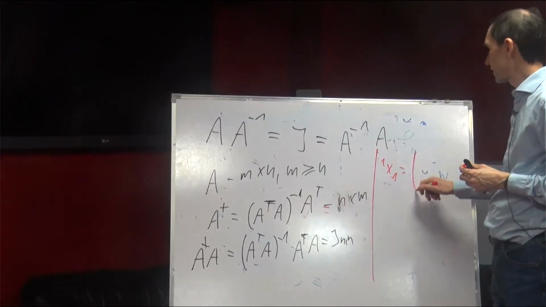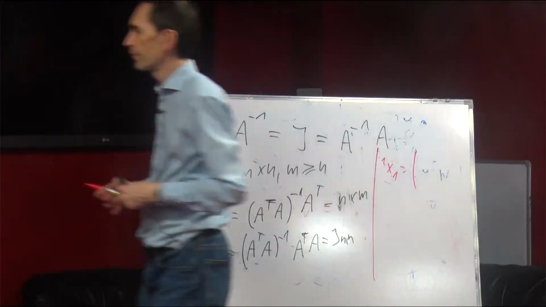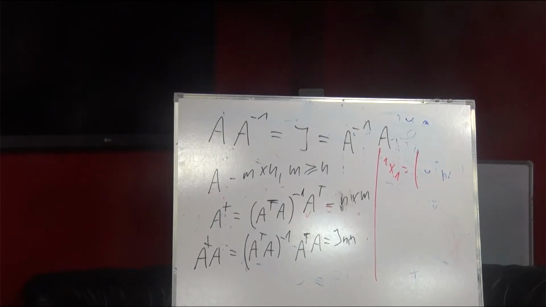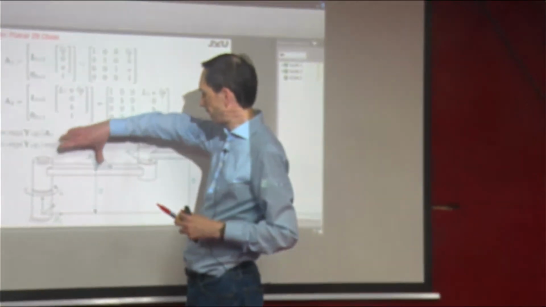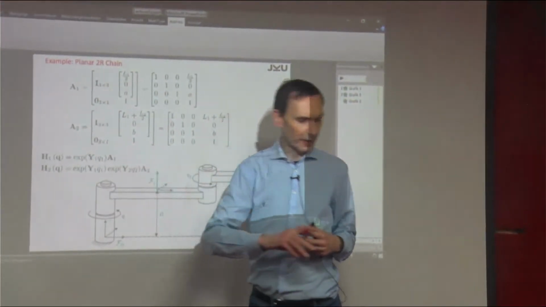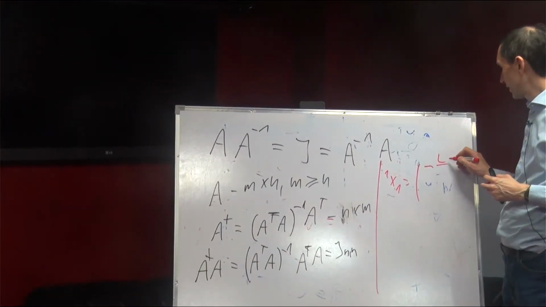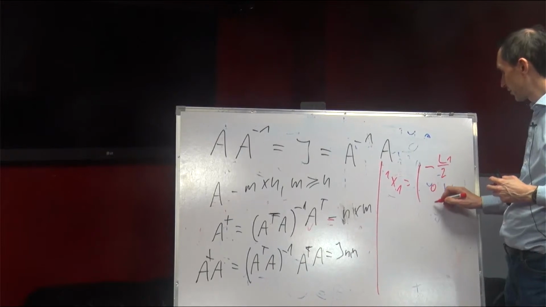So what is it then? It's the vector that goes from here to here, and let's say we go from here to here because this displacement makes no difference. The length is L1, so it's L1 half, I guess, in minus x direction, so it's minus L1 half, 0, 0.